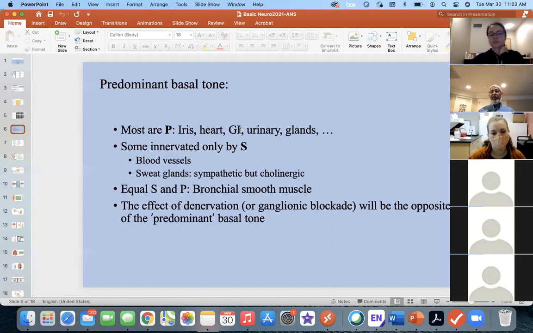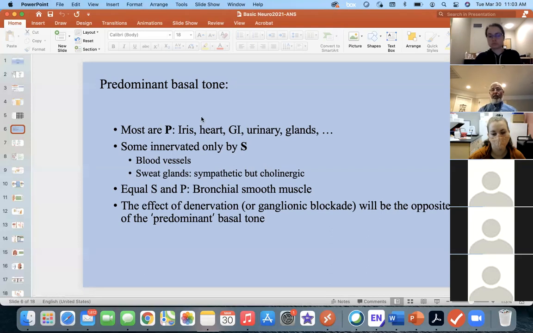So whenever necessary, you can go to the restroom, empty your bladder, do whatever you want to. That's why in most places, the predominant basal tone is parasympathetic. But some organs are innervated only by sympathetic, so you cannot have basal tone by parasympathetic, like blood vessels.